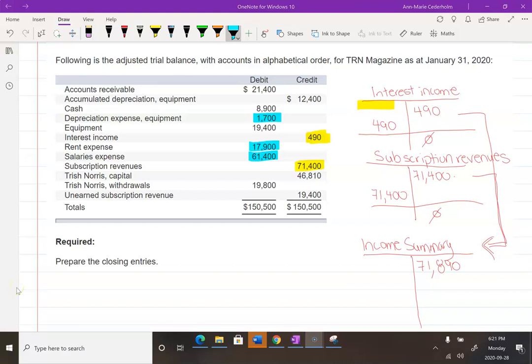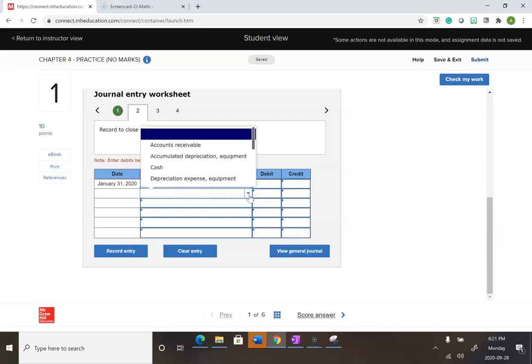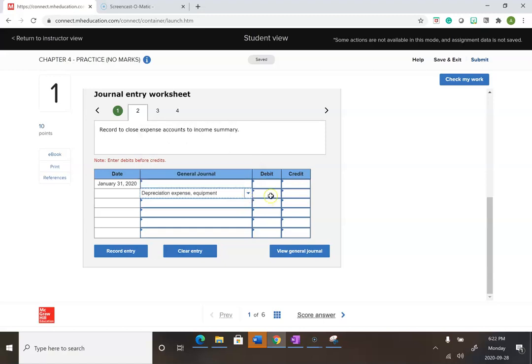So what I'm going to do is I'm going to credit each of these accounts for the same balance, and then that will bring those T accounts to zero. Okay, so I'm going to start with my three expense accounts. So I have depreciation expense equipment, and it was a debit of $1,700, so I'm going to credit that for $1,700 to bring it to zero. Then I had my rent expense, and that originally was a debit of $17,900, so I'm going to credit that for $17,900.